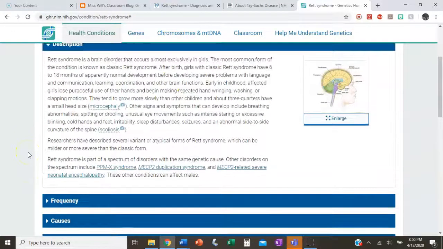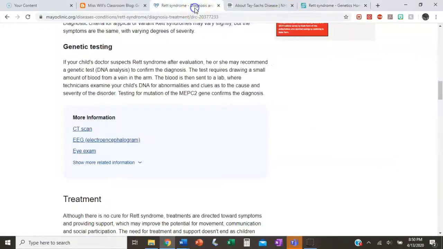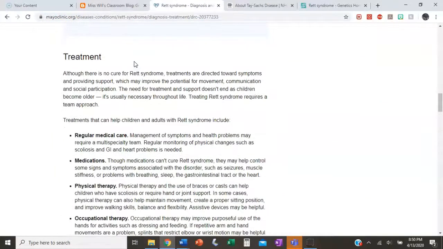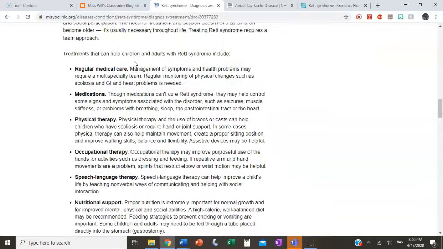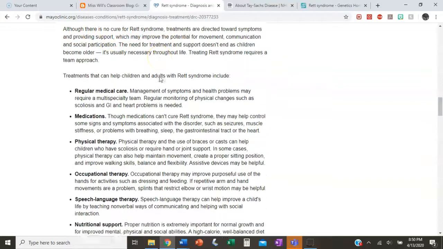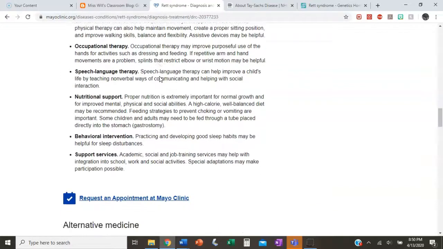This one does not happen to talk about that, but the Mayo Clinic, the third one down, definitely talks about treatment. What kinds of treatments? It says there is no cure for Rett syndrome, so I would put that in my project. Then it talks about the different treatments that people can have to help improve their life.